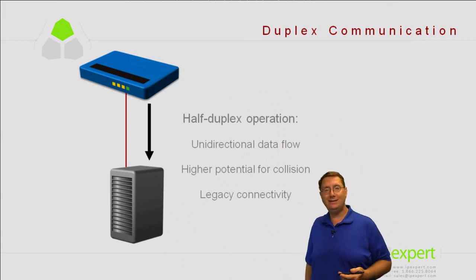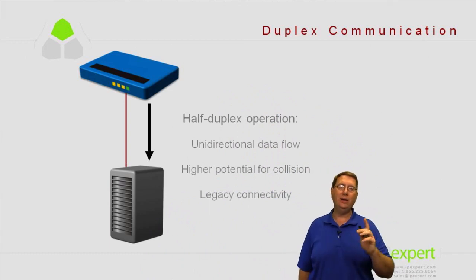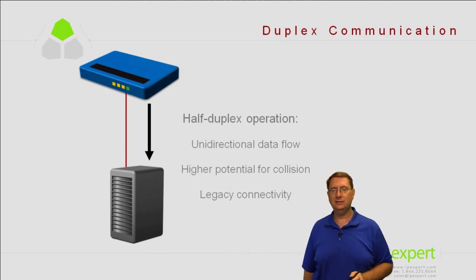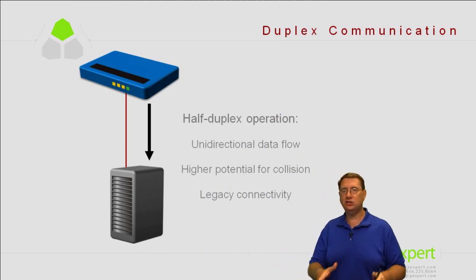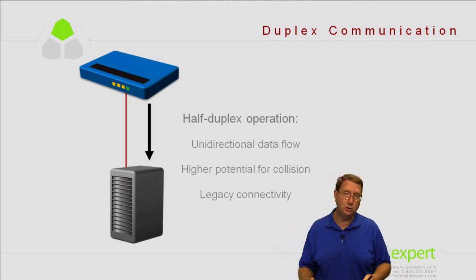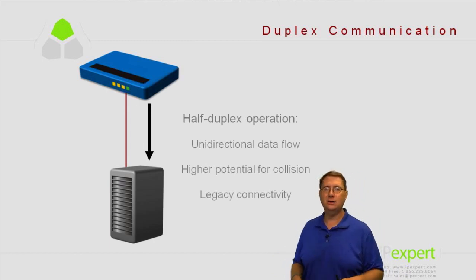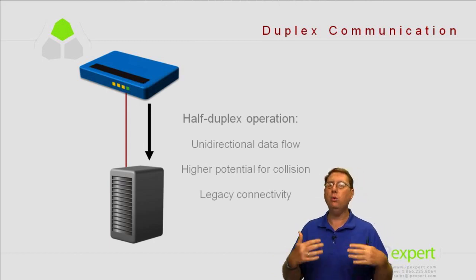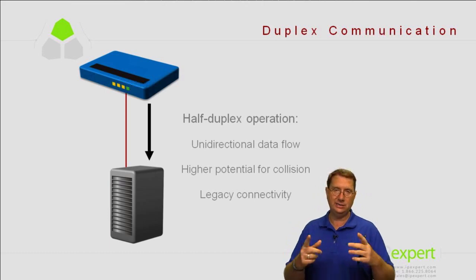Now what we want to talk about is what governs how we can send information across those Ethernet links. Remember, earlier in our conversations, I alluded to the fact that we have this concept of duplex: full duplex, simplex, something called half duplex. I want to highlight those because that's going to govern how we use our links on these switches.